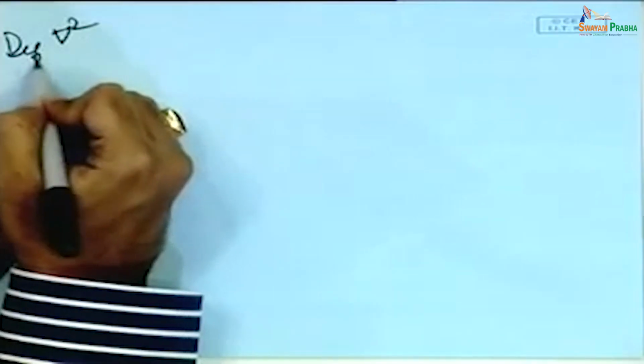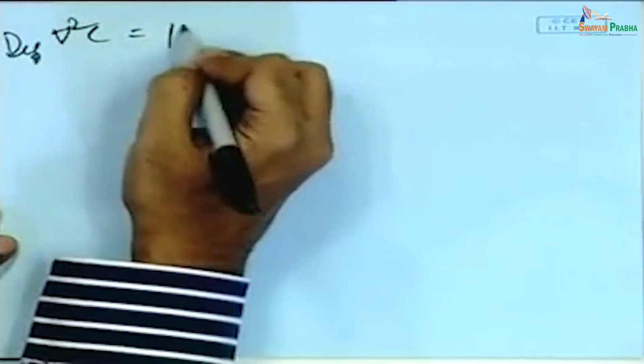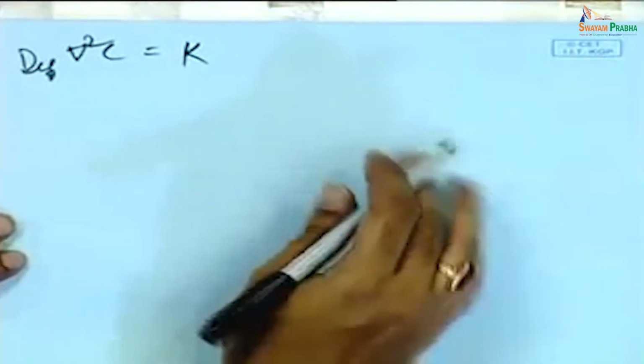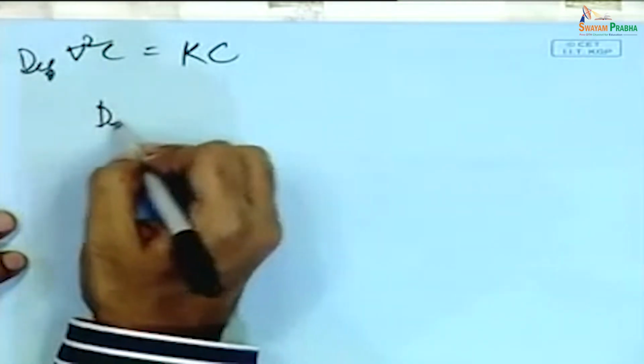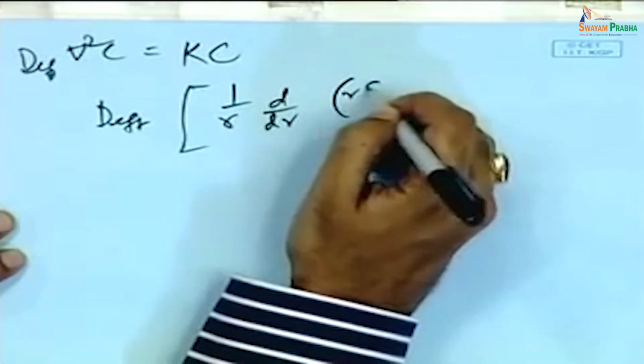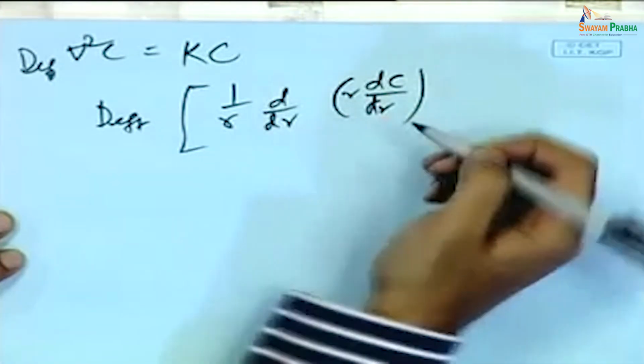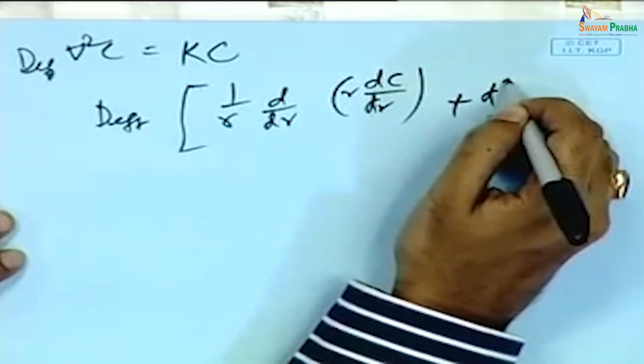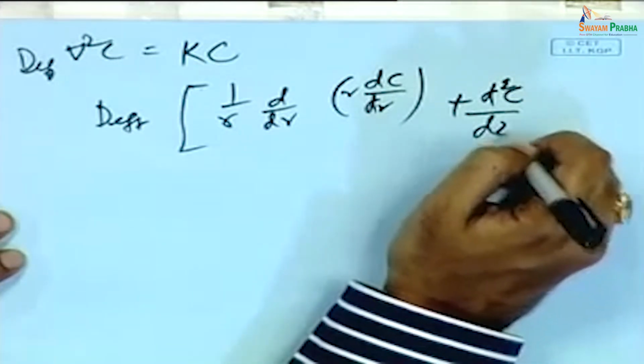For a cylinder, for example, if it's symmetric, okay, so this is my effective Laplacian. For a cylinder, what is my Laplacian? The 2D Laplacian is 1 over r d/dr of r dc/dr, plus d squared c over dz squared.